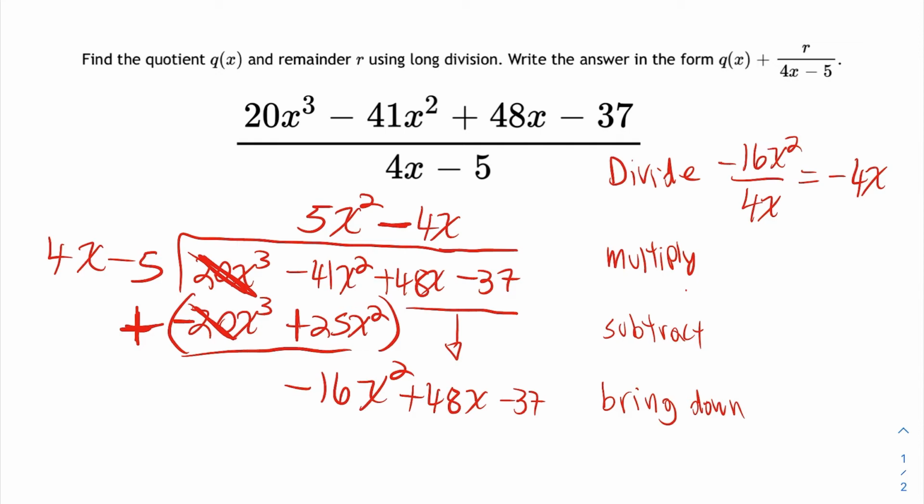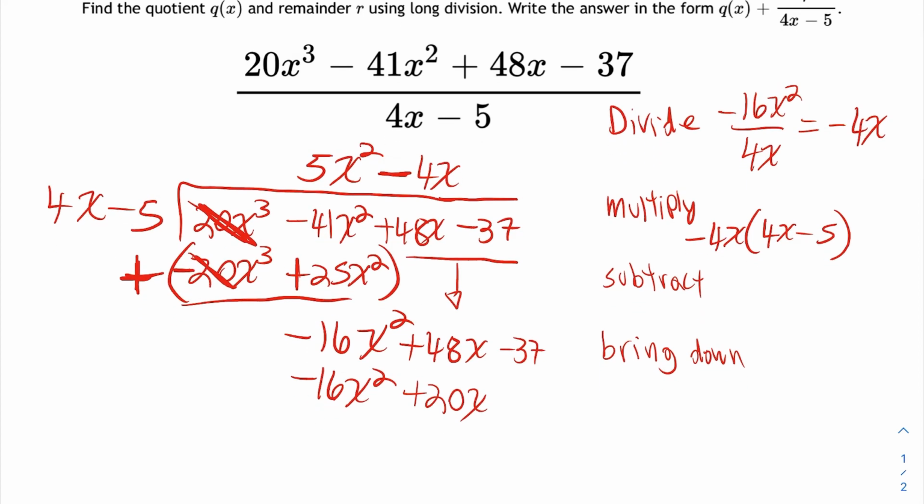Then I multiply that next term in the quotient, negative 4x, by the divisor, 4x minus 5, which leads me to negative 16x squared, and that's going to be plus 20x. Then I need to subtract. I'm subtracting from the negative 16x squared plus 48x minus 37 that negative 16x squared plus 20x, so I need to subtract negative 16x squared, which means actually to add it.